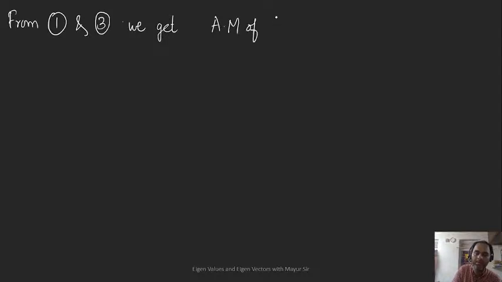So we now write here that from 1 and 3 we get AM of lambda 1 equal to 1 is equal to GM of lambda 1 equal to 1. They are the same.